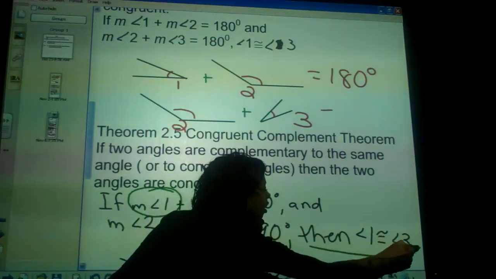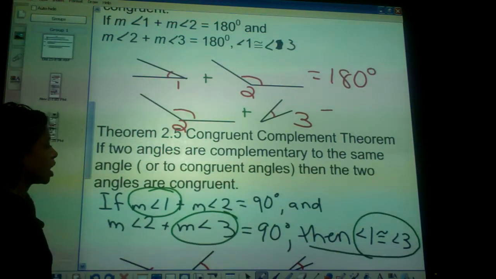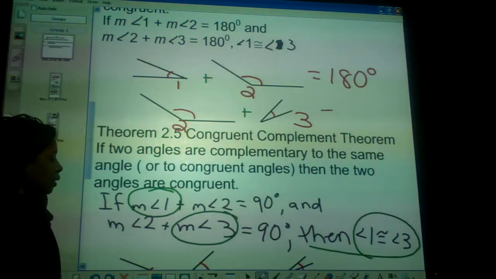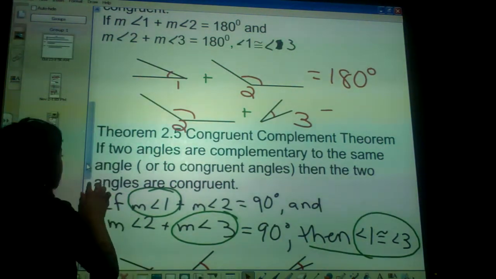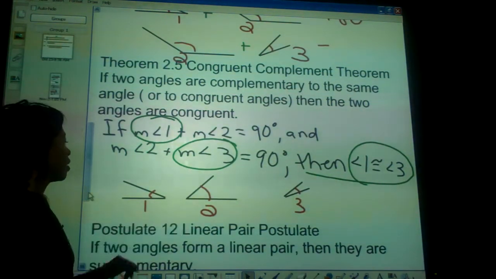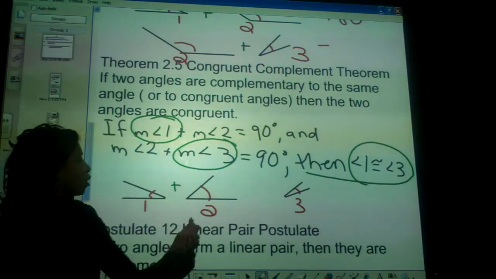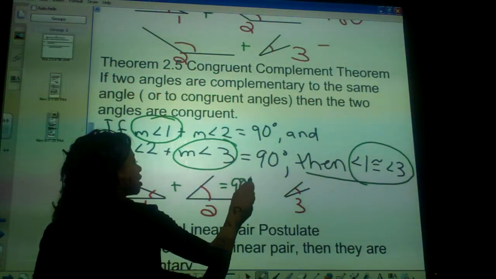So then we have, again, angle 1 is congruent to angle 3. Okay? And while I'm here for just a moment, I have the measure of angle 1 plus the measure of angle 2 equal to 90 degrees because they're complementary.